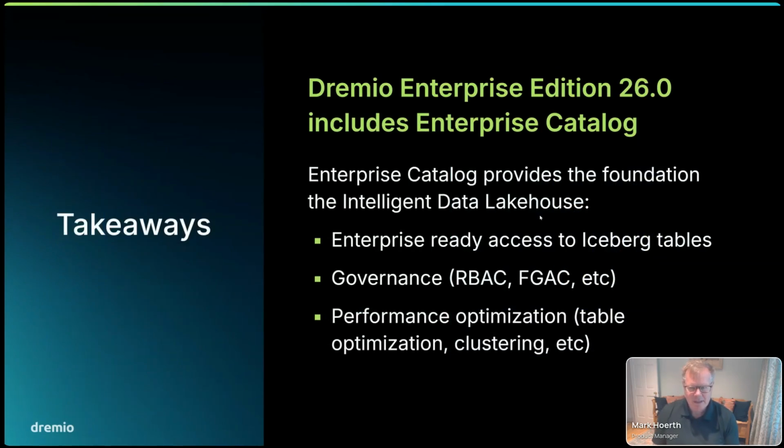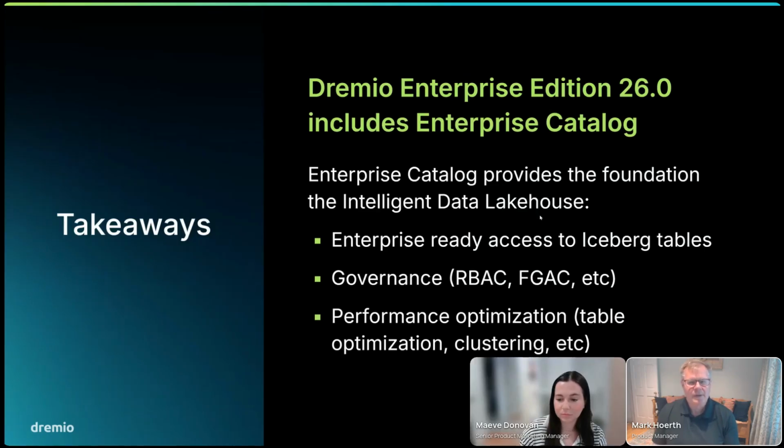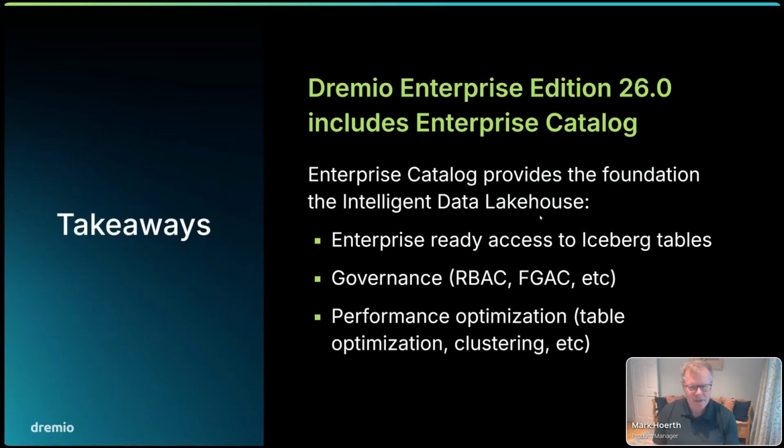What are our takeaways today? The Dremio Enterprise Edition, version 26, that we just shipped, includes the Apache Polaris Enterprise Catalog. It includes the Dremio Enterprise Catalog based on Apache Polaris. This gives you an enterprise-ready catalog based on open standards that can provide a wealth of capability for your most complicated use cases.